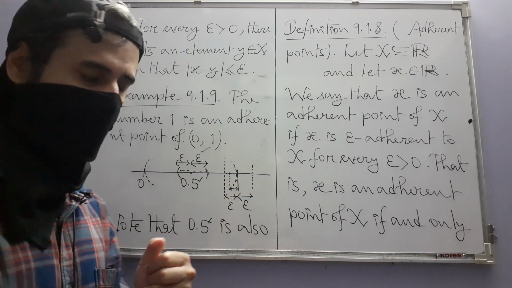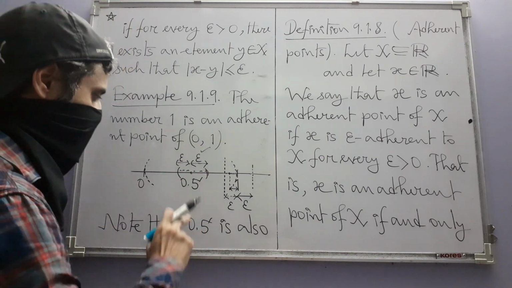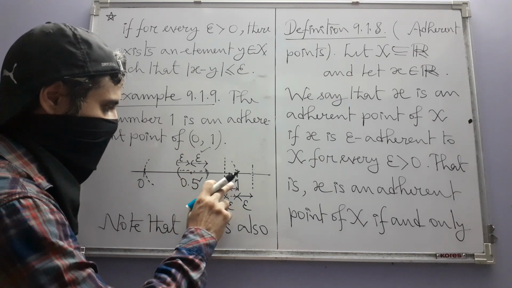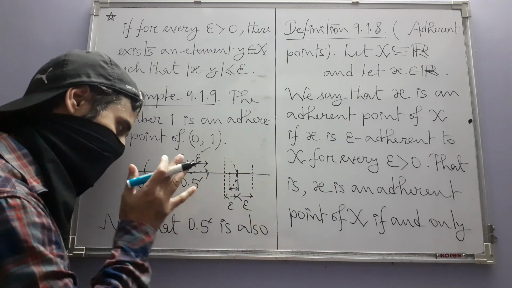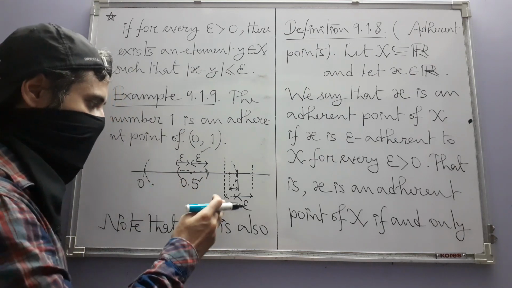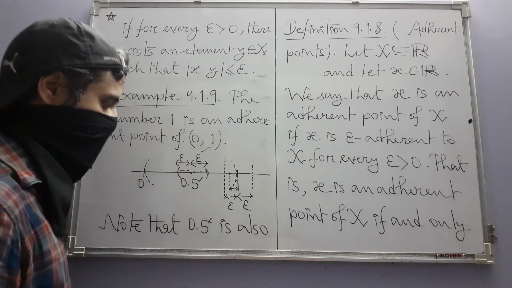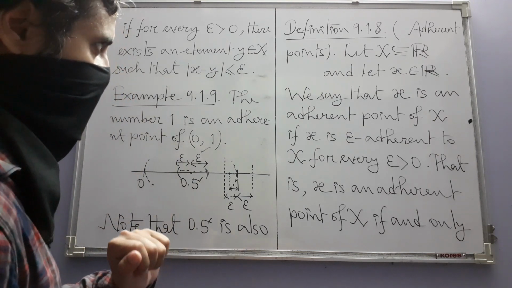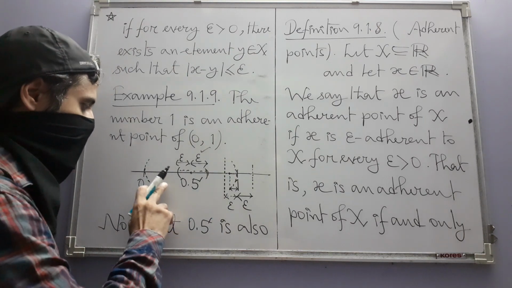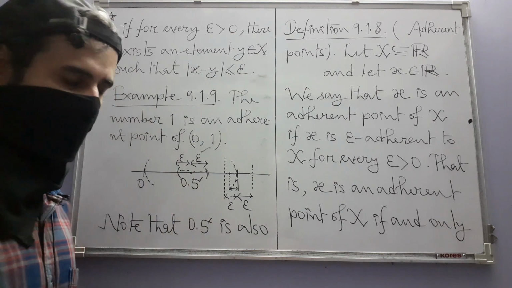Now the slight problem that you were having with 1, of choosing an element that can be closer to 1 than epsilon, here you do not even have that problem. Every time, no matter what epsilon is, the element that you can choose from this set is 0.5 itself. So the distance of 0.5 from itself is 0, and that always beats epsilon. So that's why 0.5 is also an adherent point. And do you see that this is not a special property of 0.5?